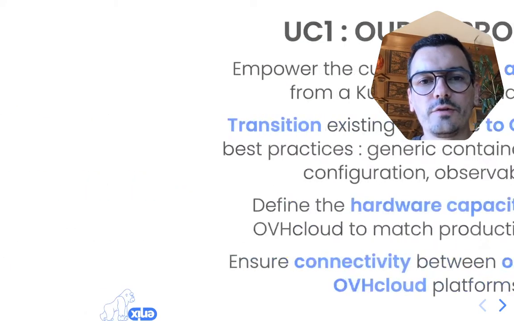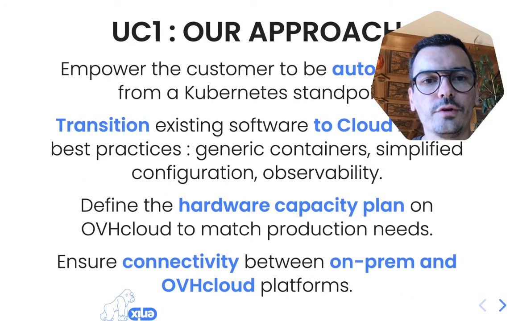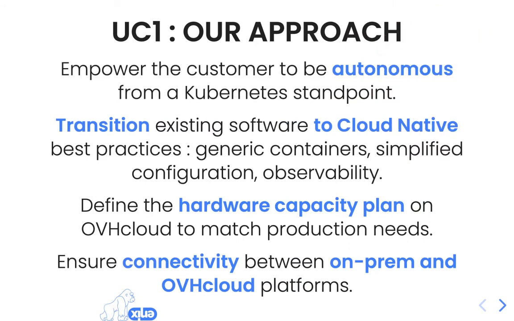So let's discuss our approach. First, we made sure that the customer was comfortable with Kubernetes, basically, that they were understanding the difficulties, were able to play with it, and were sufficiently trained so that they could deal with the production. The second part was about transitioning their software to cloud native software.